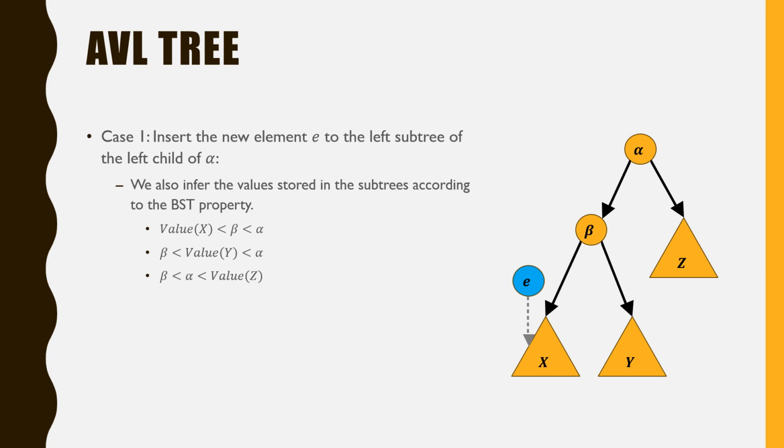As Y is in the right subtree of beta, but the left subtree of alpha, elements in Y are greater than beta and smaller than alpha. Finally, Z is the rightmost subtree. Its elements are greater than both alpha and beta.